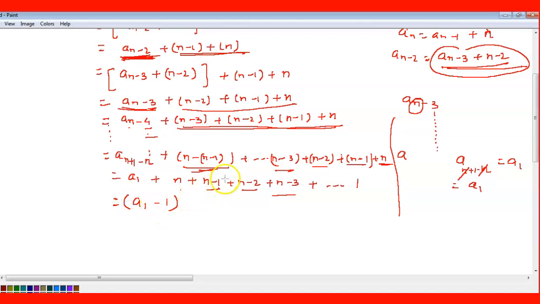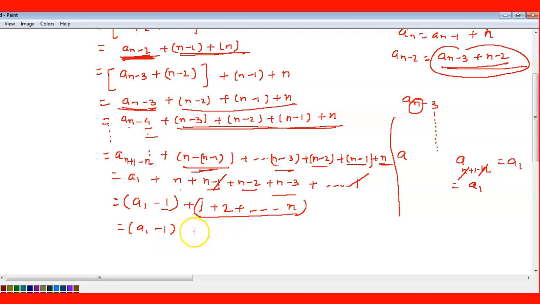This 1 and 1 get cancelled. Another 2 is there, so 1 I have added and 1 I subtract. Plus 2, plus this one already, and so on up to n terms. This is a1 minus 1, plus the sum of natural numbers.